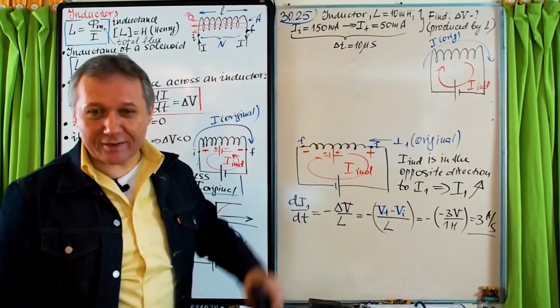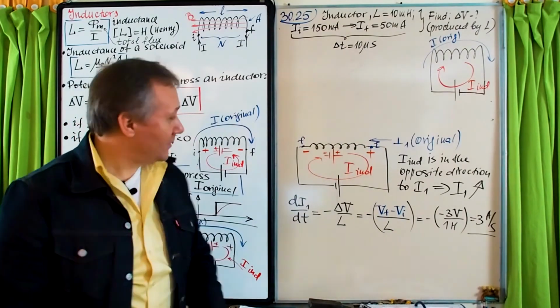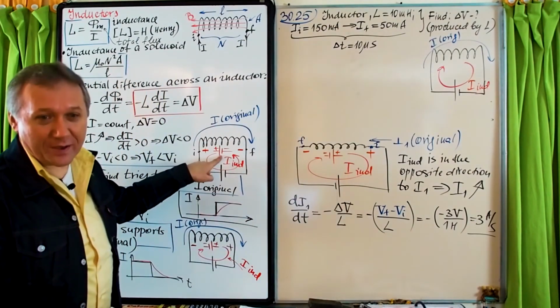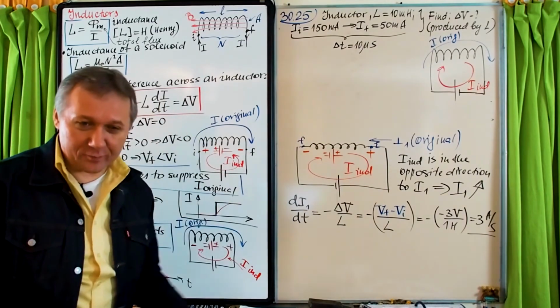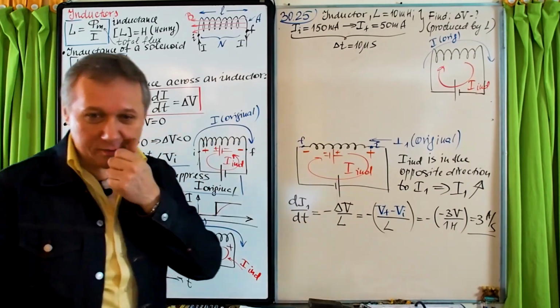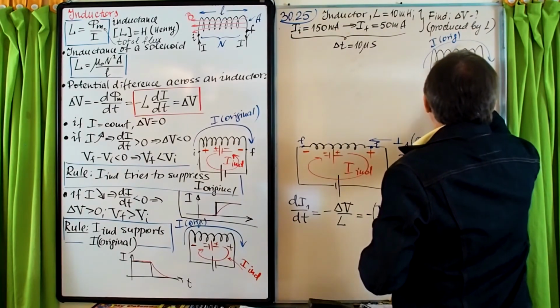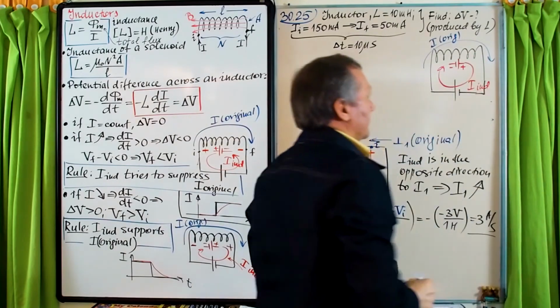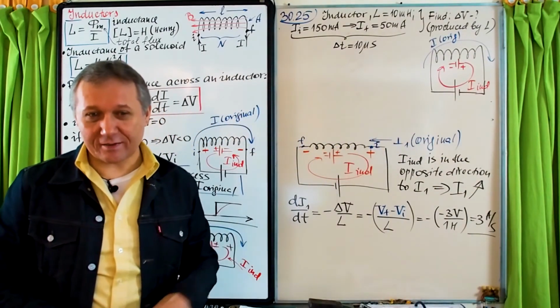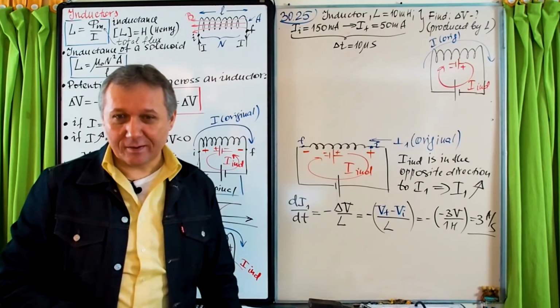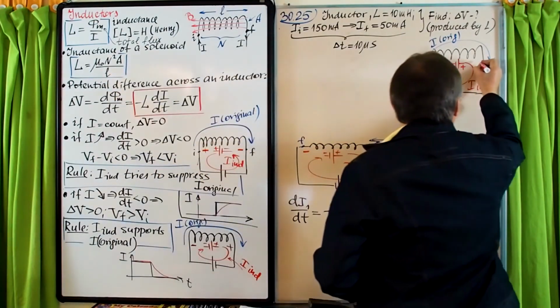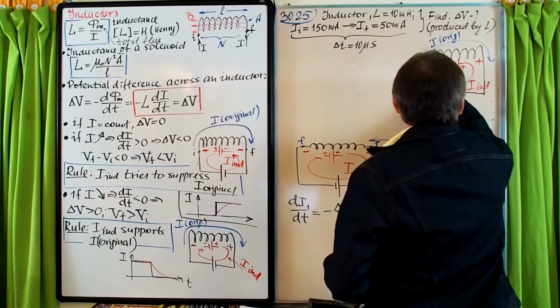So in order to get this induced current, let's draw this effective battery which could drive this induced current. So of course here we should have plus and here minus. So plus minus in that case, yeah, current will be that way. So it means that at the final point we have higher potential.